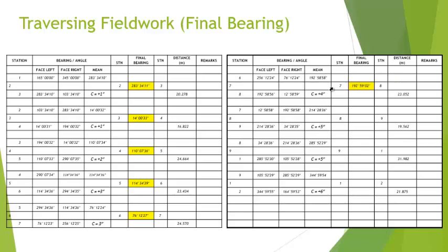Please remember this, the maximum is 60 seconds only. So it will turn into 192 degrees, 59 minutes and 02 seconds. Okay, please remember this one. Similarly for minutes, the maximum is 60 minutes. 60 minutes means 1 degree, not 100 minutes.